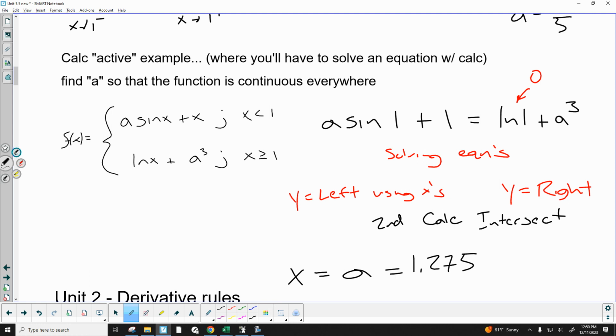So you don't do X comma Y. It's the X that represents your A that gets your answer. If you plug in that value, you will get the same Y value. We have equality. So what you will find for a lot of these questions is that you have to provide the setup, and your calculator is used to just solve the equation that you have set up. But it's something that you can't do without it.